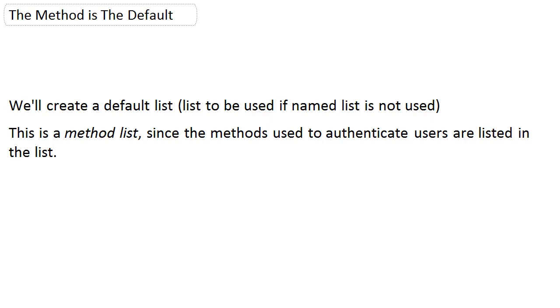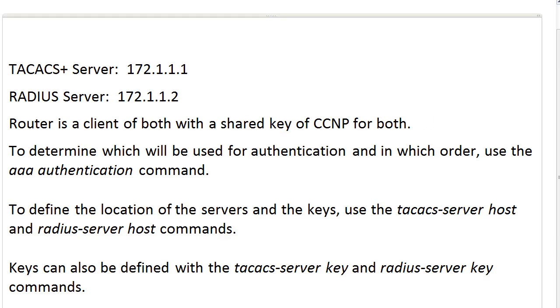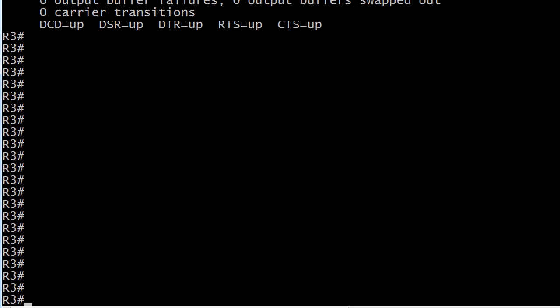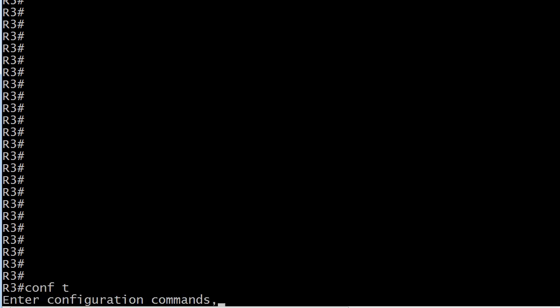But you can also create a default list, and that is just what it sounds like, a list to be used if there aren't any named lists to be used. And all of these are called method lists. That's a term you'll hear quite often with AAA. And the only reason we call it that is the methods used to authenticate users are listed in the list. So I think we have the word list up there enough. Let's go ahead and hop over to that live equipment and walk through some commands. So the first one that we're going to do, of course, is what?